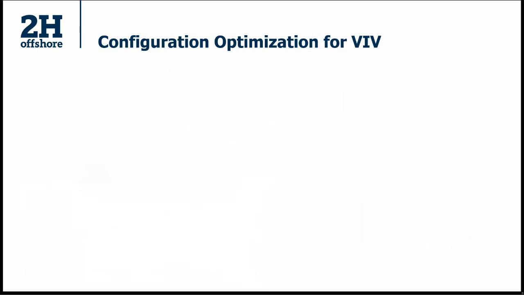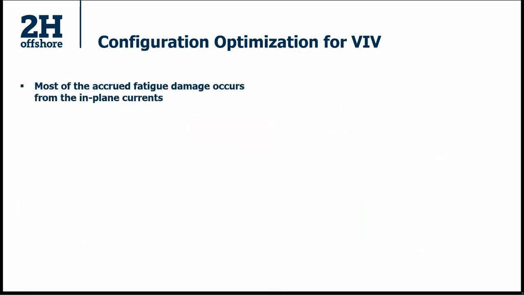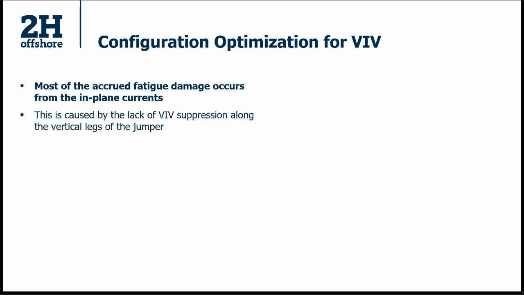Moving into the optimization for VIV, we looked at the fatigue contributors for different jumpers, and what we saw was most of the fatigue damage was occurring from currents being in plane of the jumper. In hindsight, this seemed to be the right trend, because the vertical legs of the jumpers did not have any suppression on them for this current directionality, and hence this response made quite a lot of sense.